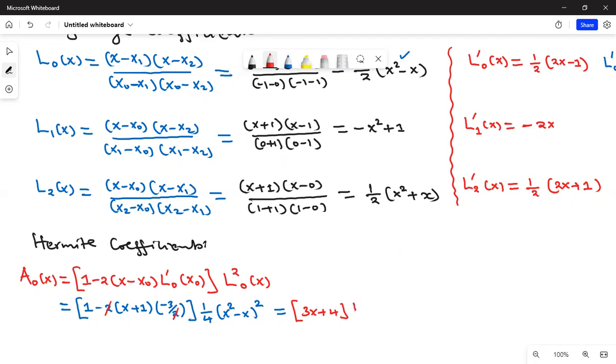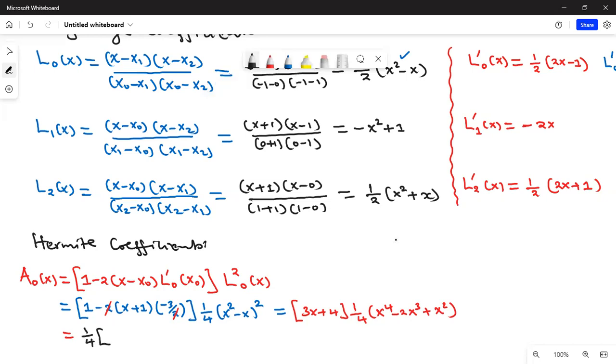So this will give us (3x plus 4) times 1 over 4 into, when we square this, we get x raised to 4 minus 2x cubed plus x squared. And so you can combine those two brackets. Let's simplify that completely. When you work it out, you need to get 1 over 4 outside.